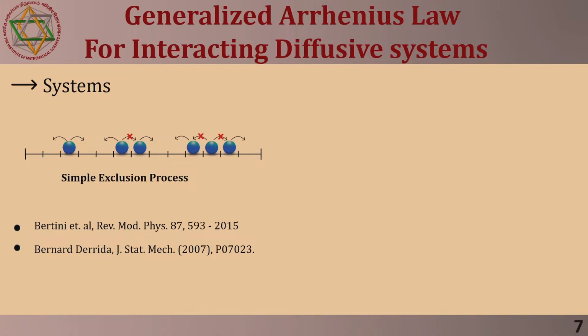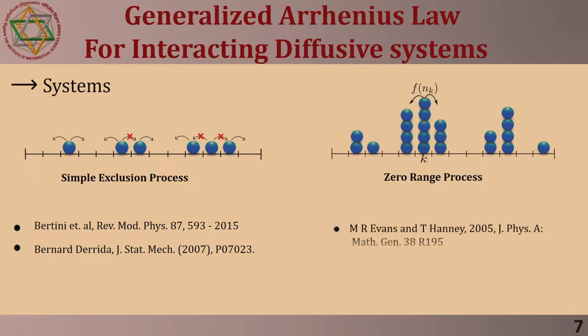Hence there is an excluded volume interaction in such a system. The other example that we took is the zero range process, where any number of particles can sit on a single site, and the rate of jump of a particle from a given site depends on the number of particles on that site.